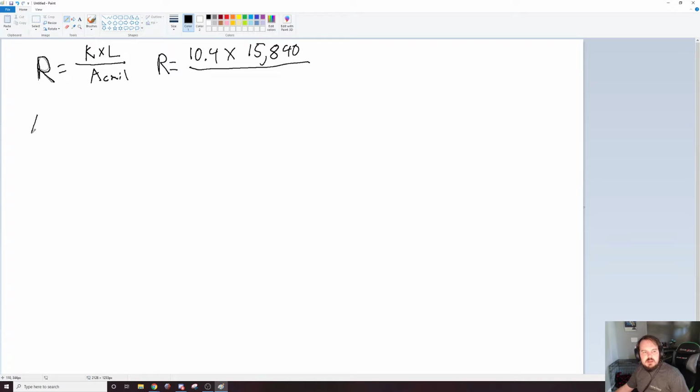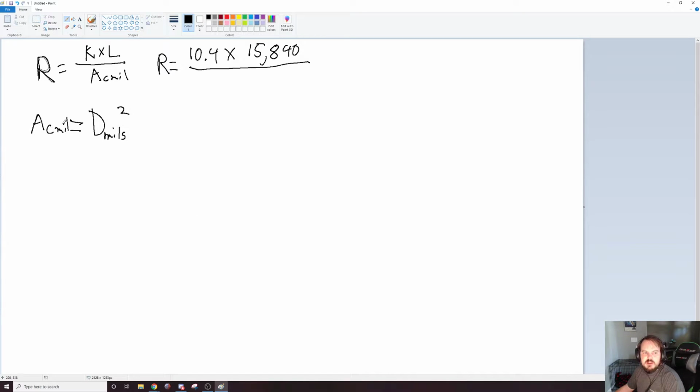All right. So, area in circular mils. There's a few things we need to cover before we get into what the formula is, but I'll put that up there. Is the diameter in mils squared.